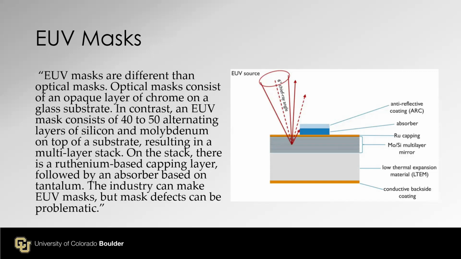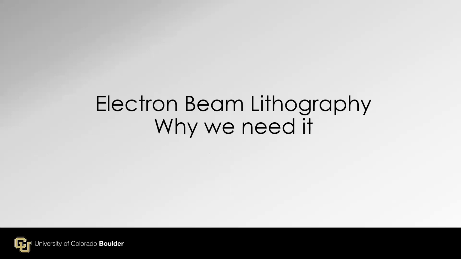It has so many layers, so preparing this mask is very difficult. And I think they have to use EBL technology to prepare EUV masks. You have to have EBL capability to use the EUV systems.